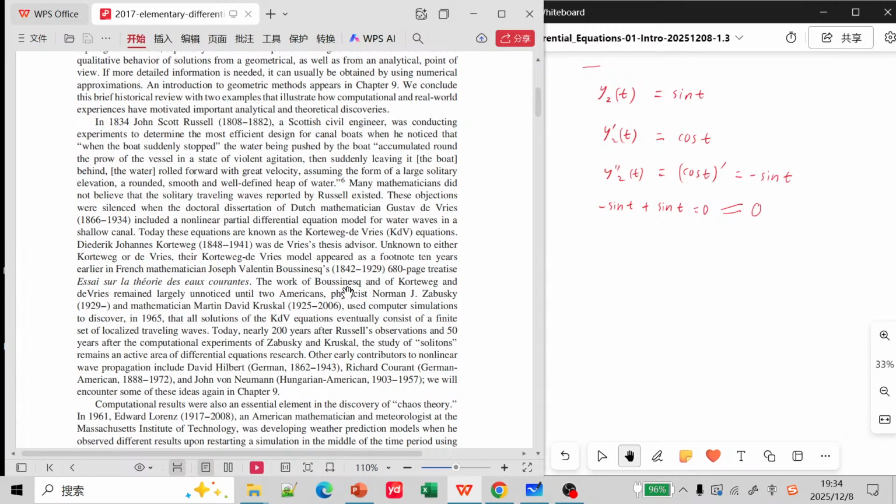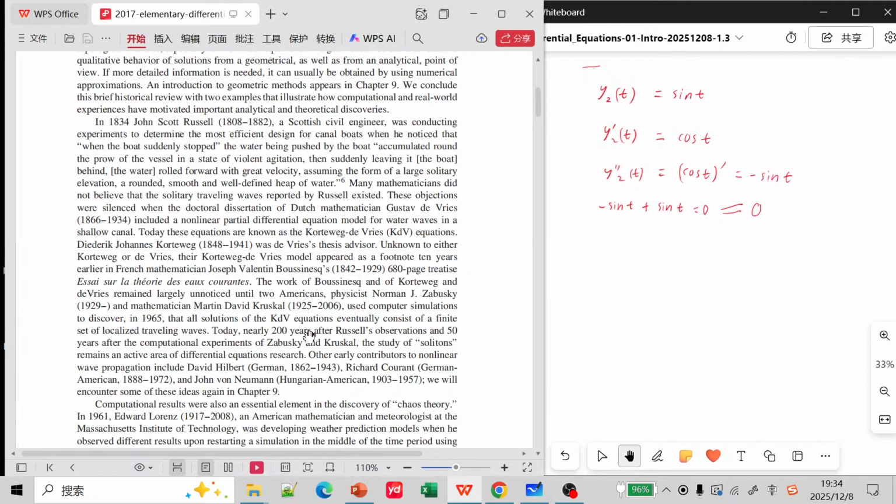The work of Boussinesq and of Korteweg and de Vries remained largely unnoticed until two American physicists, Norman J. Zabusky and mathematician Martin David Kruskal, used computer simulations to discover in 1965 that all solutions of the KdV equations eventually consist of a finite set of localized traveling waves.